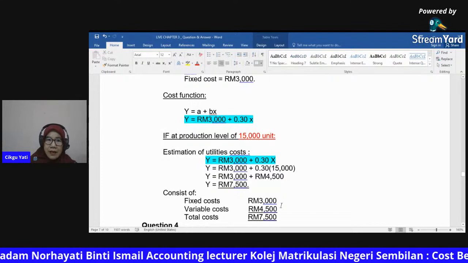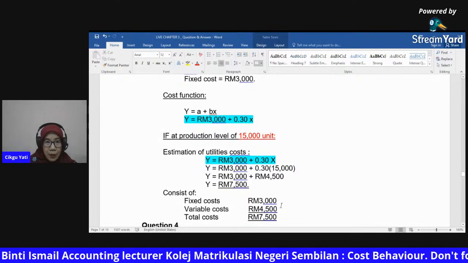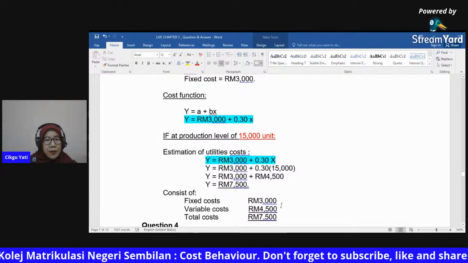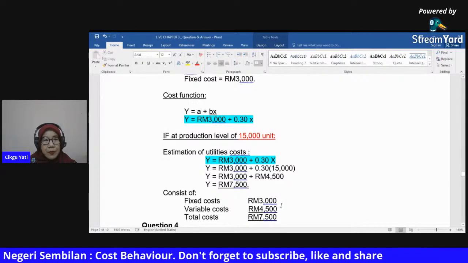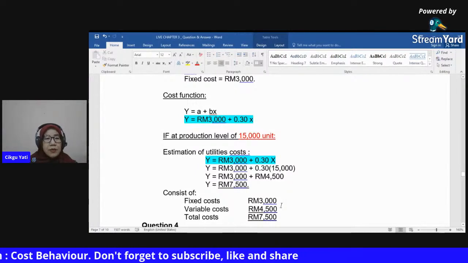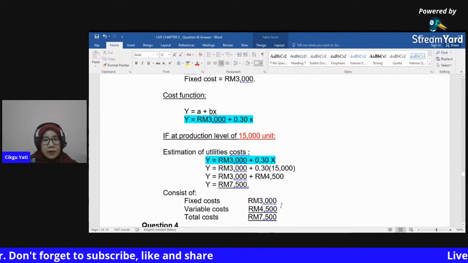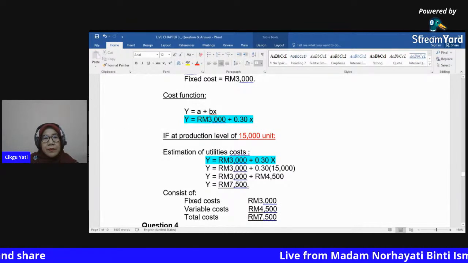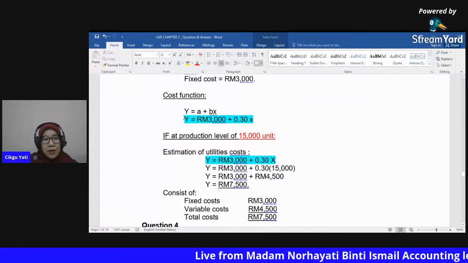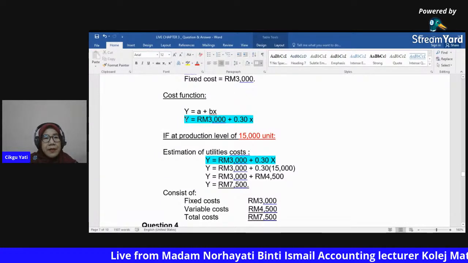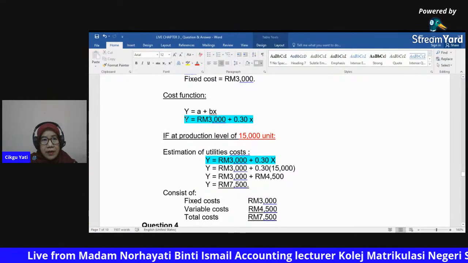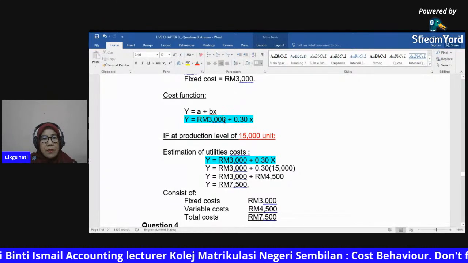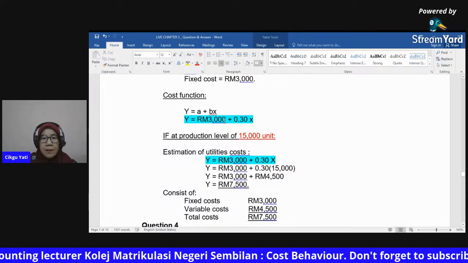Then there are 3 steps. The first step, you must calculate variable cost per unit. The second step, you must substitute the amount for variable cost per unit in order to calculate fixed cost. And the third step, you must form the cost function because the cost function represents total cost, and this function consists of fixed cost and variable cost.